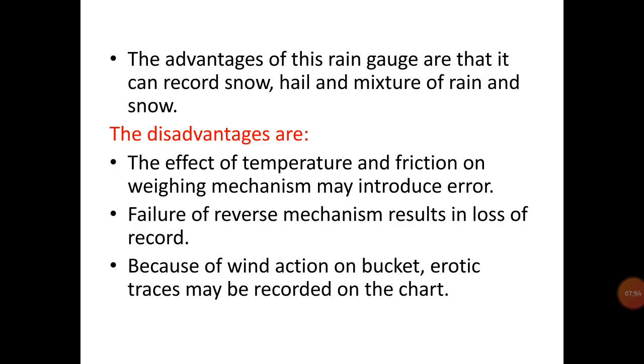The advantage of this rain gauge is that it can record snow, hail and a mixture of rain and snow. The disadvantages are that the effect of temperature and friction on the weighing machine mechanisms may introduce errors.